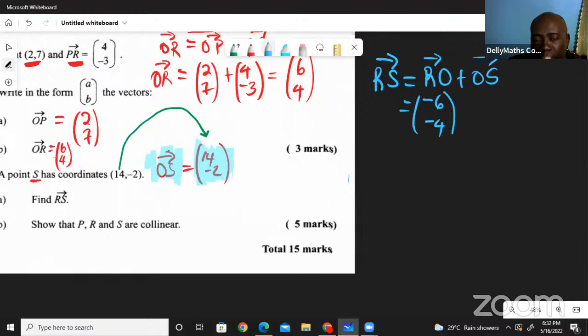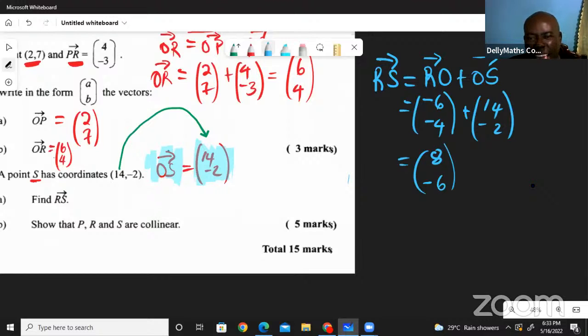Remember, whenever you change your direction, the signs on the components change. We add that to OS, which is in the same format, O to S. So finally, -6 plus 14 is 8 at the top, and then -4 plus -2 gives -6. So we have (8, -6).